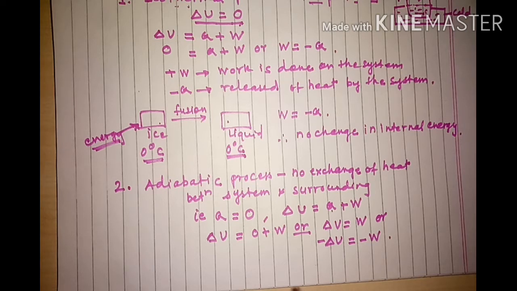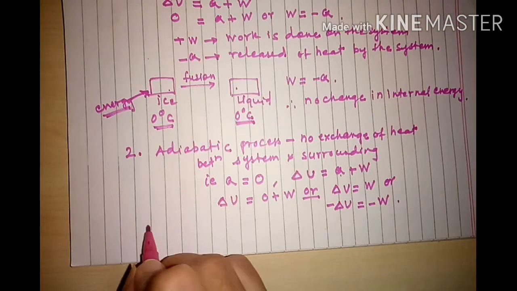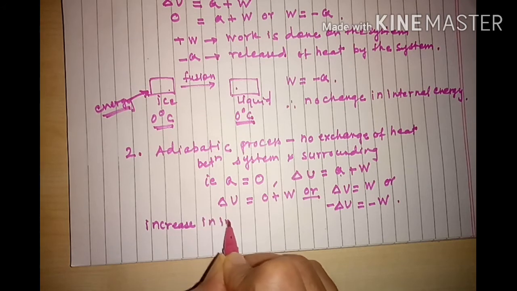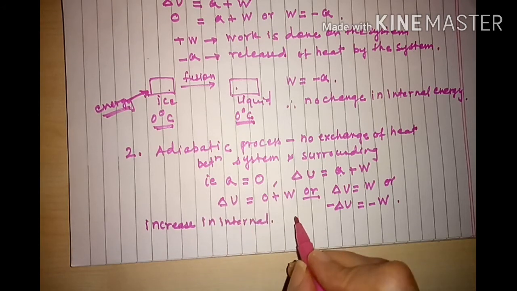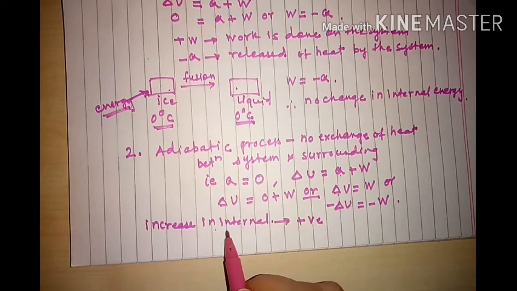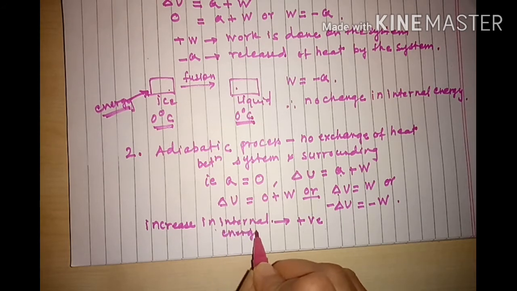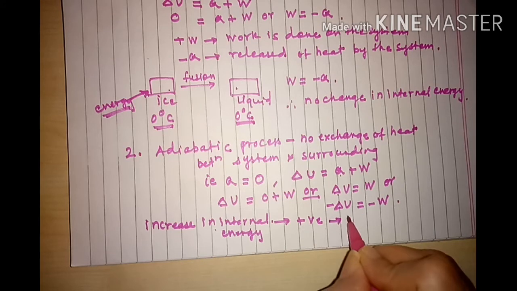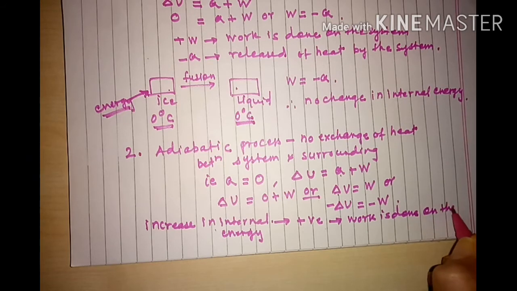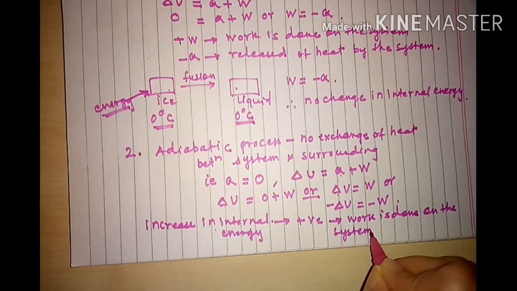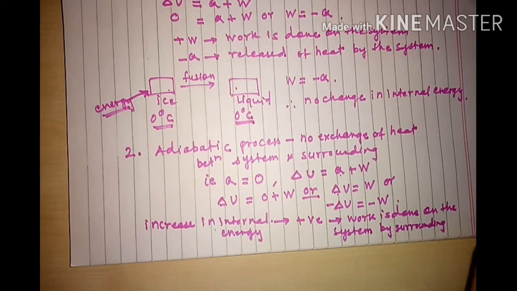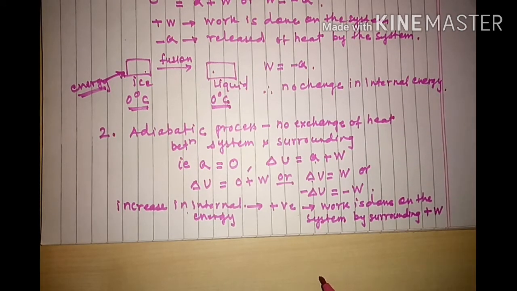That is, if there is increase in internal energy, having positive value, if it is plus delta U, then work is done on the system by the surrounding, means you will have positive value for W, that is plus W.